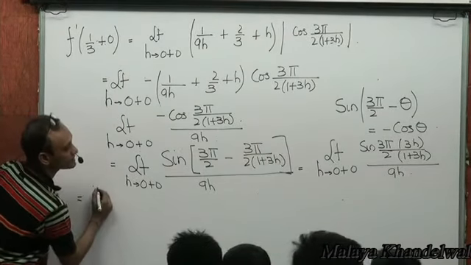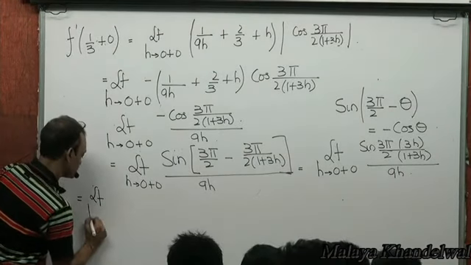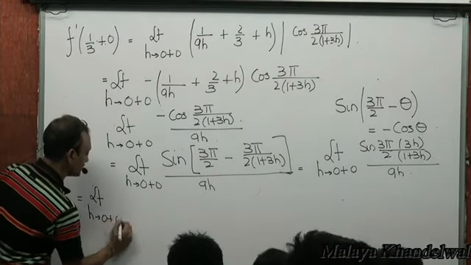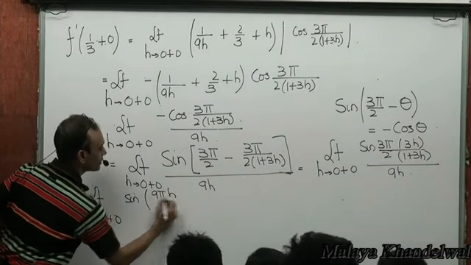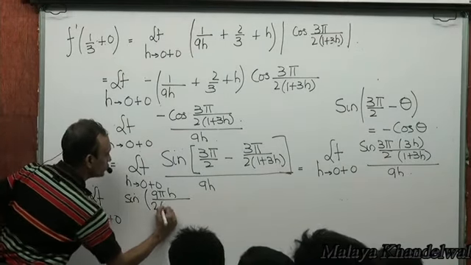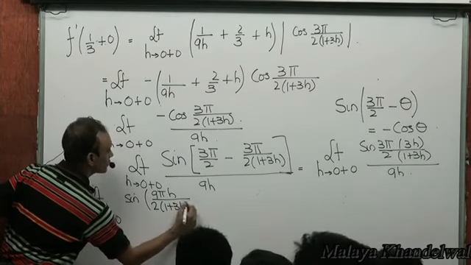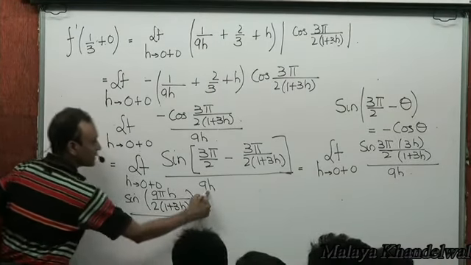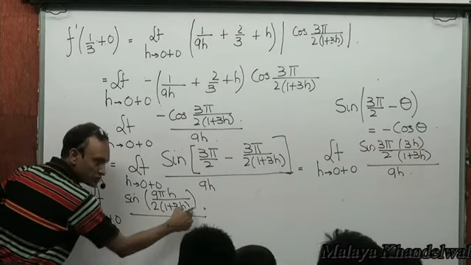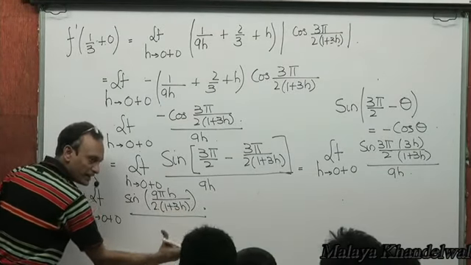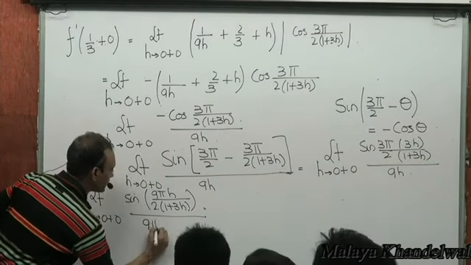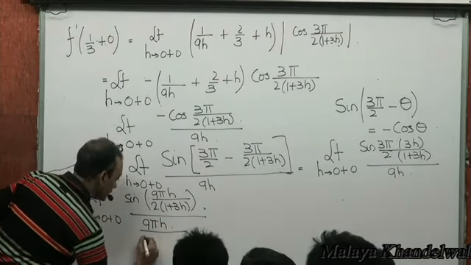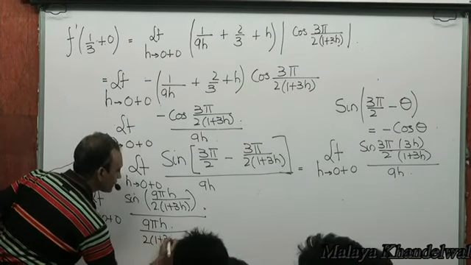Which then is the limit as h tends to 0 from the greater than 0 side of sine of 9 pi h divided by 2 into 1 plus 3h, divided by this 9h. I write the 9h as 9 pi h divided by 2 into 1 plus 3h, so that I have a sine theta by theta kind of format.